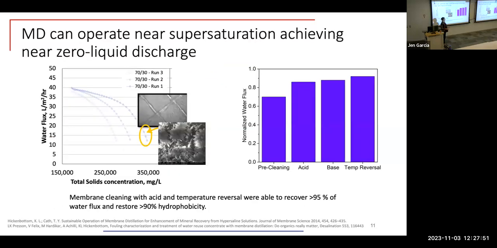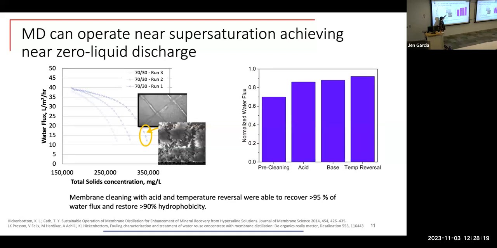Another thing that we realized is this process is really good at operating at very high concentrations. This is showing our water flux. Sorry, it's a little faint, but essentially as our concentration increases, our water flux decreases, and that's because our vapor pressure gradient decreases, since vapor pressure is a function of salinity as well.